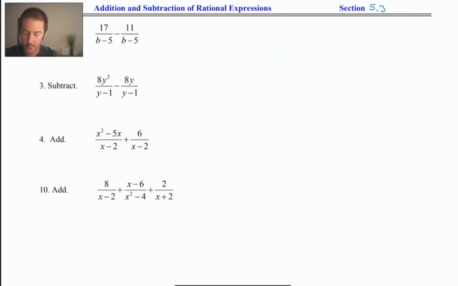It's also true that an expression divided by itself is equal to 1, which is why in the previous video, as we factored rational expressions, if we had a factor of x plus 3 in a numerator, we were able to cancel it out with a factor of x plus 3 in a denominator, because x plus 3 divided by x plus 3 amounts to a multiple of 1. And you don't really need to include a multiple of 1.